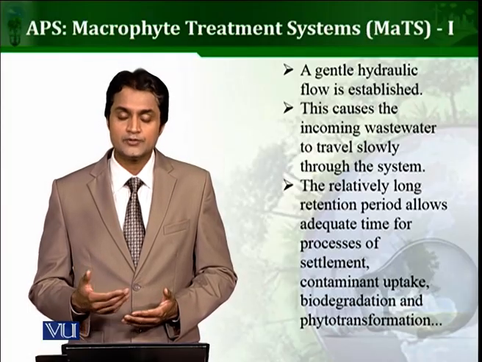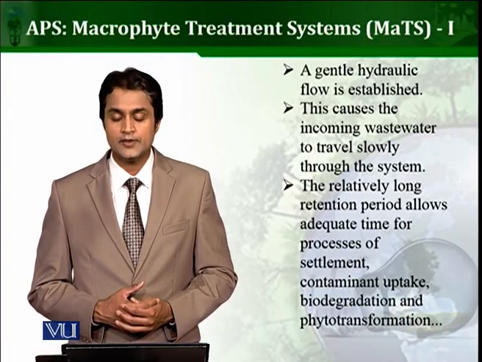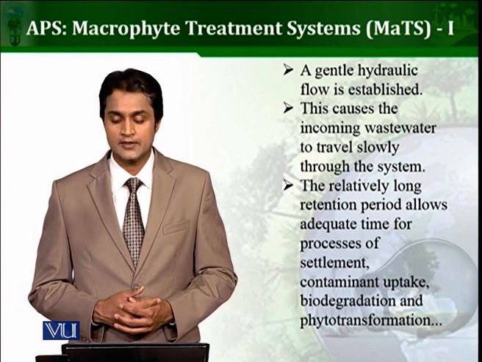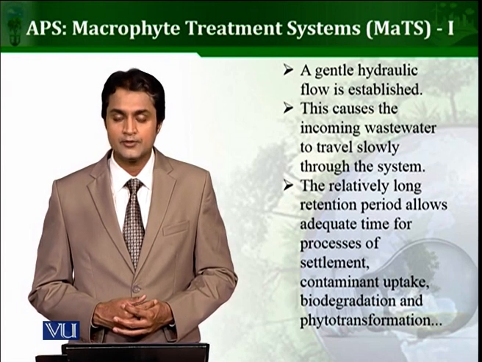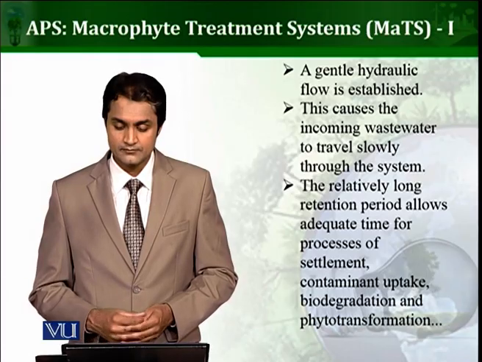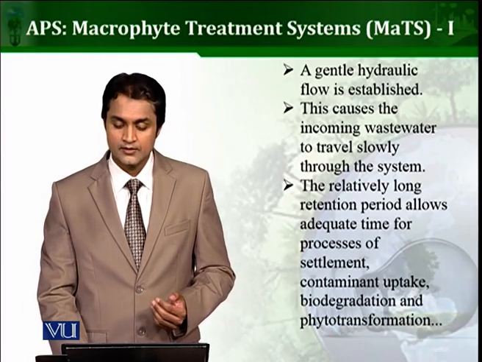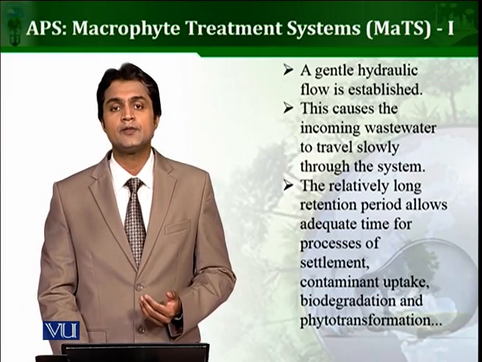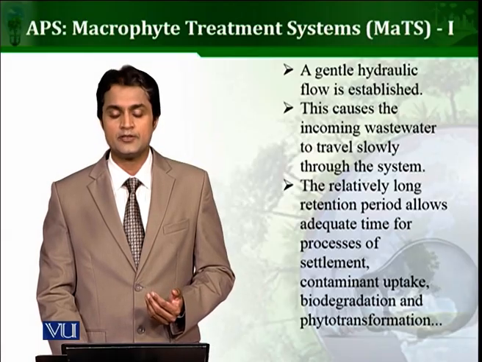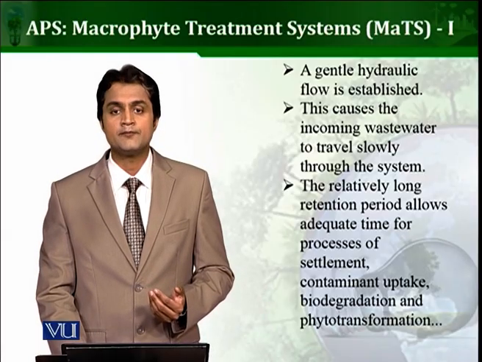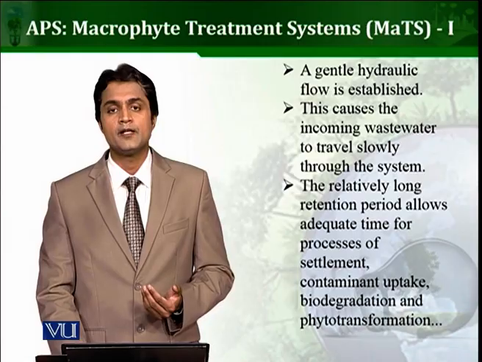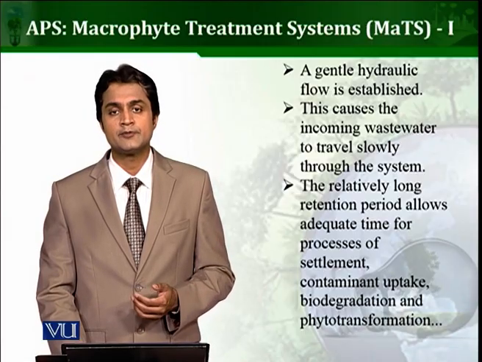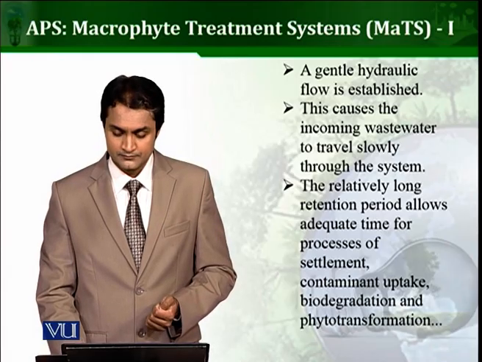So those also act on this slow flowing effluent, and they start degrading and biotransforming the toxicants present in the effluent. So once we have passed the effluent through this plantation, then after a certain period of time we can remove the plants from there, and thus indirectly we are removing the toxicant from there.